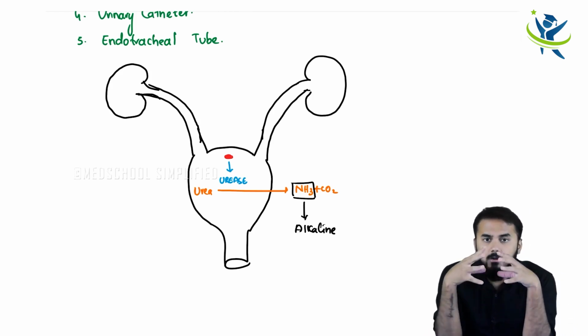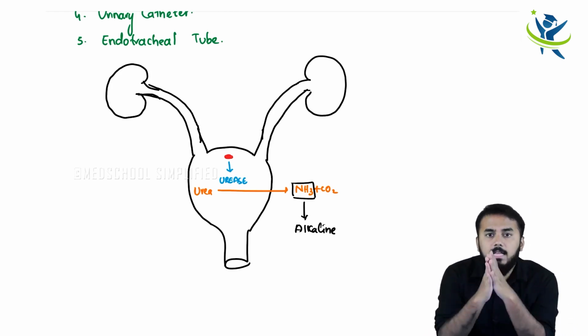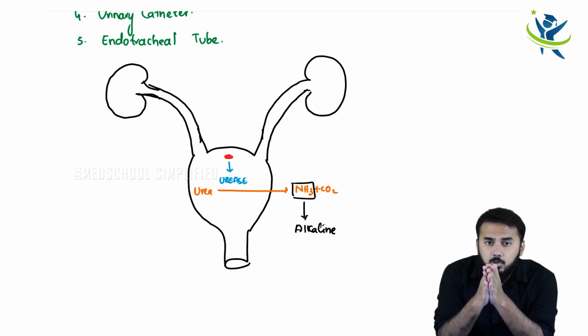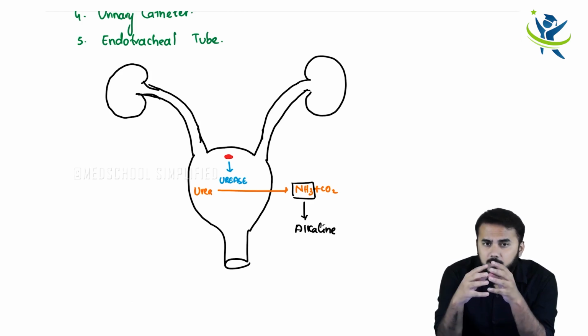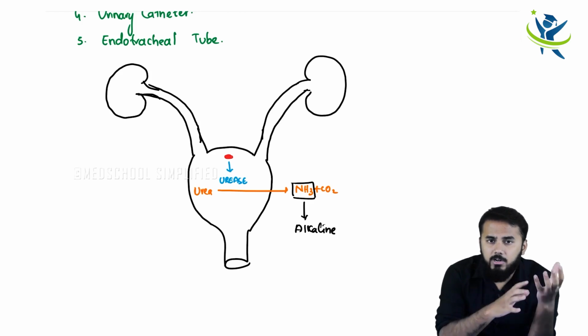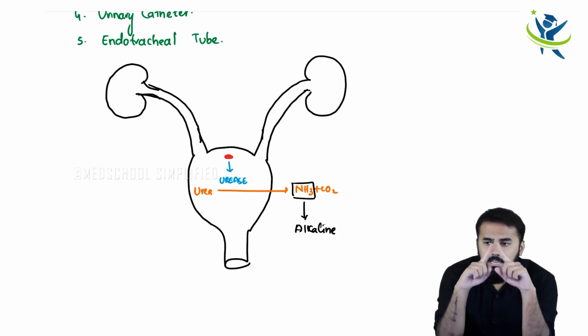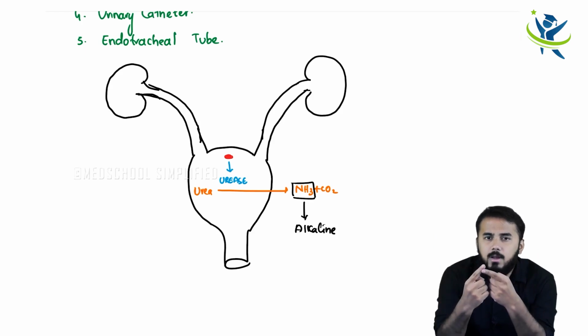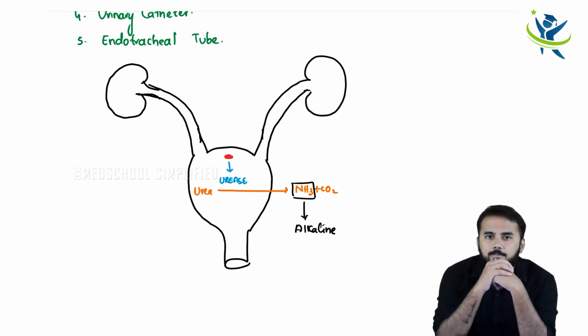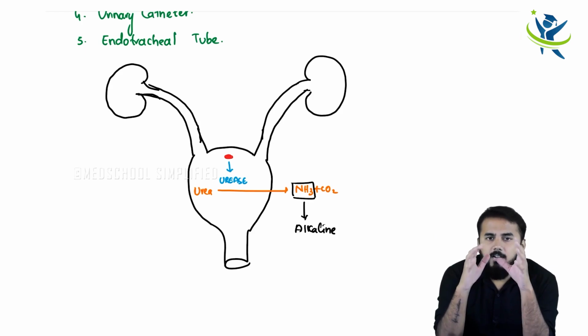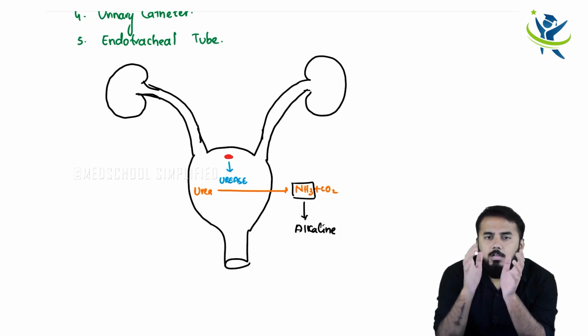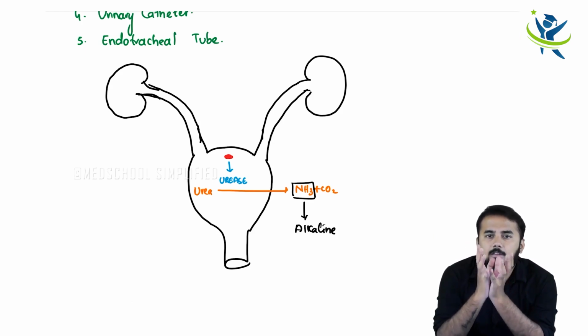Obviously the urine which is stored in the urinary bladder is acidic. So what is happening is, this bacteria came inside, converted urea into ammonia, ammonia is alkaline, and finally changed the complete urinary bladder from acidic to alkaline. So right now if you look in the urinary bladder, you will find alkaline urine.